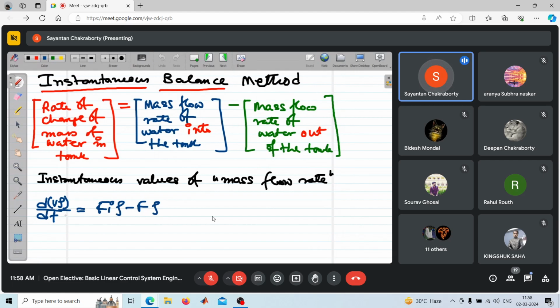But if there is a mixing available, a blending process, then it may happen that there are multiple inlets, different inlets have different flow rates, and the mixing is not uniform throughout the tank. Suppose in a blending process, then you cannot instantaneously write this instantaneous balance equation.